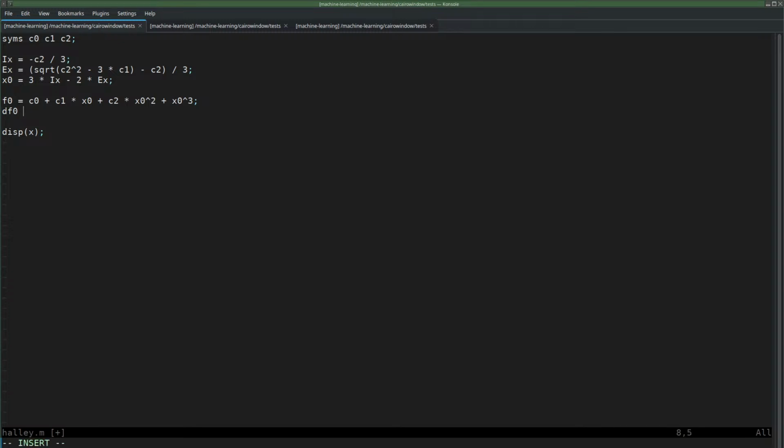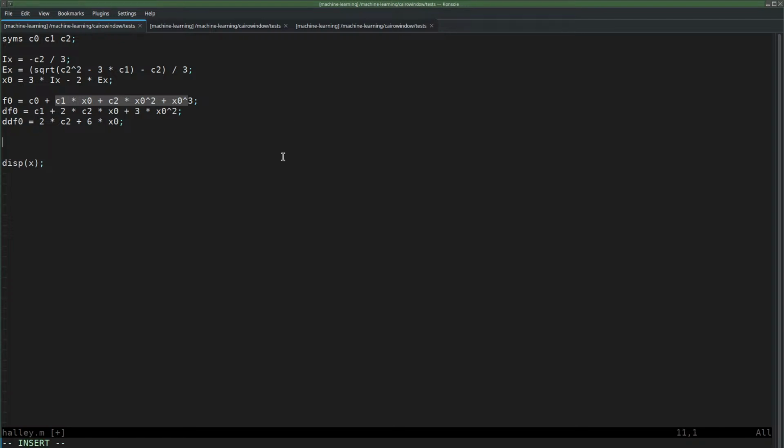The derivative of f0 is something like this, with the 3 here and the 2 here, right? And the derivative of that, no constant. That one drops out, and this becomes a 6. And then this is gone.